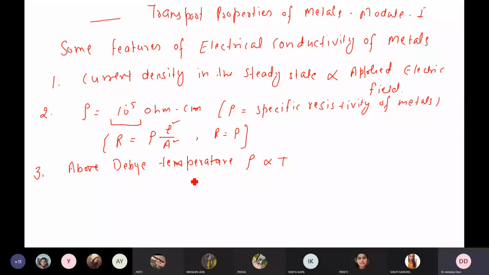Rho is proportional to temperature. And you might be knowing what is Debye temperature because you have gone through the free electron theory as well as the lattice vibration chapter.